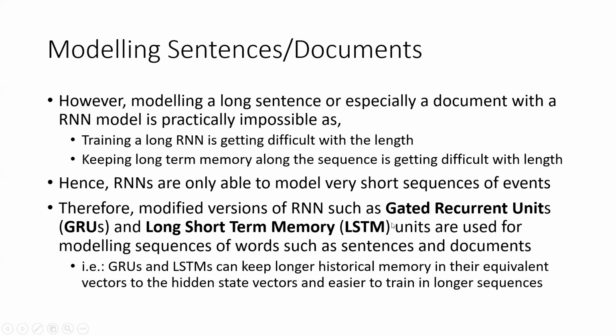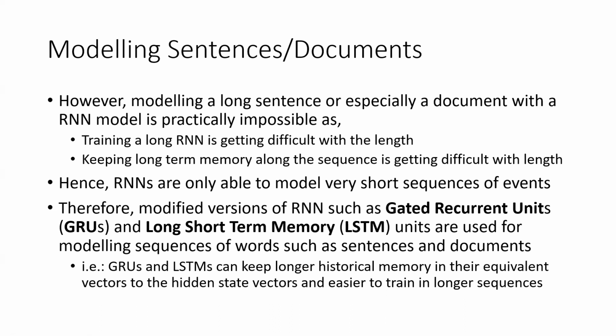Because of the simplicity, we are just going to discuss the RNN-related architecture as it is the simplest form. You can use GRUs and LSTMs as well. In the real world, RNNs are generally not used for natural language processing models; GRUs and LSTMs are used instead.